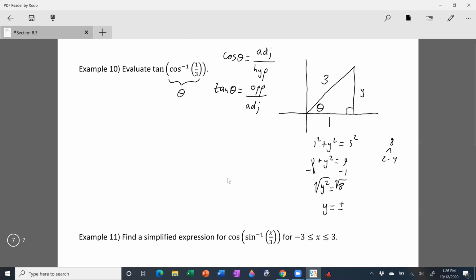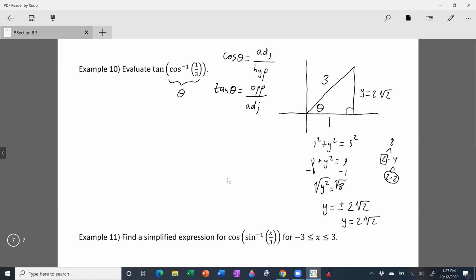That's not a perfect square, but remember that you can break it down as a 2 can come out with a leftover, so 2√2. And I specifically put plus or minus on it because it makes a huge difference. Whenever you're solving by taking square roots, you do have plus or minus, but then it's also really important to notice which quadrant we're in. So pretty much obviously in quadrant 1, the y value there is positive, so we're going to pick the positive version. So this is going to be 2 root 2.